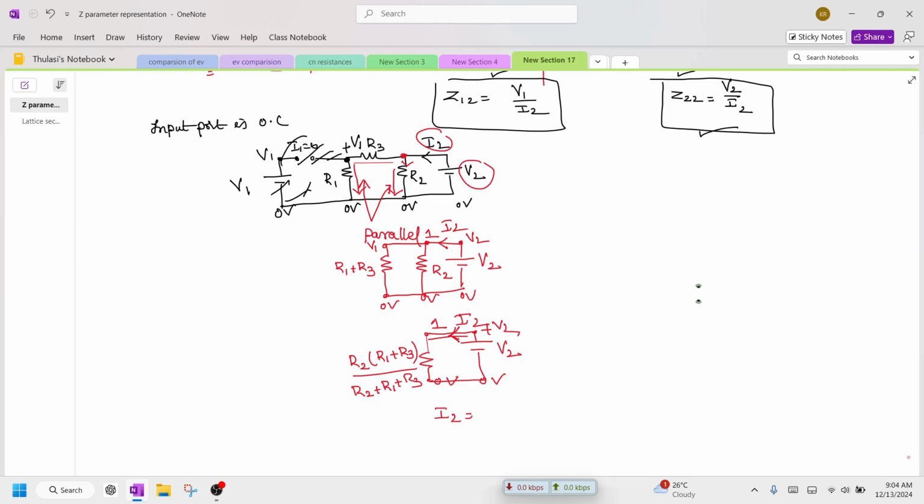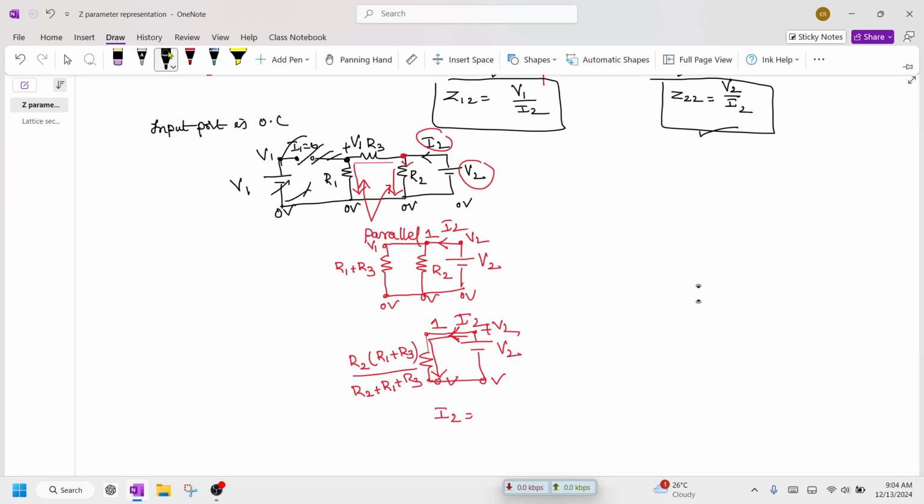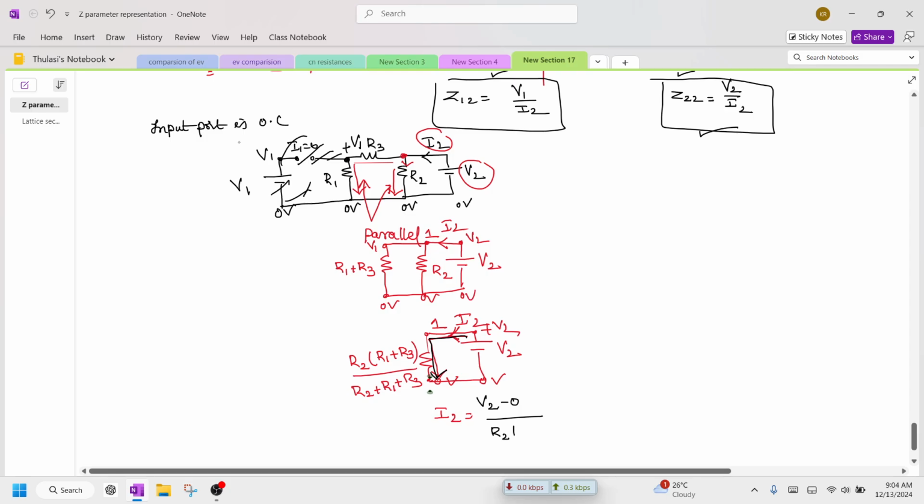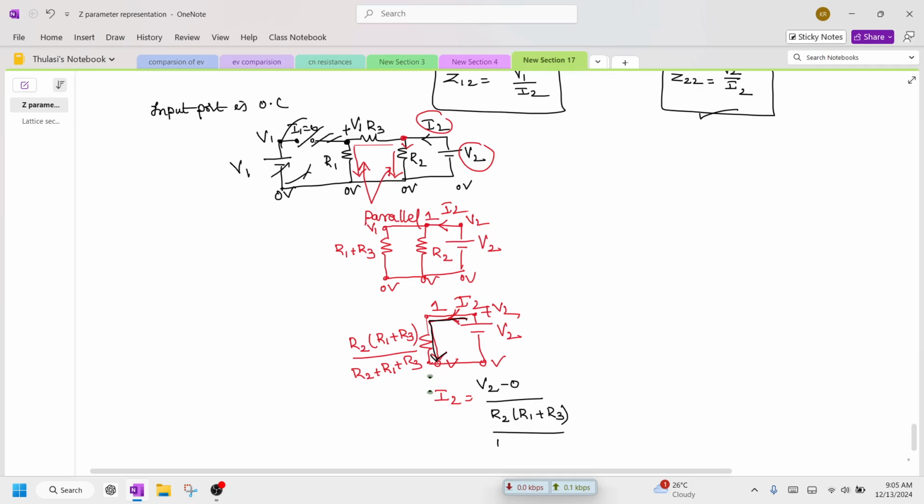The current I2 is flowing in this branch. So I2 I can write as high potential minus low potential divided by resistance, which is R2 into R1 plus R3 divided by R2 plus R1 plus R3.